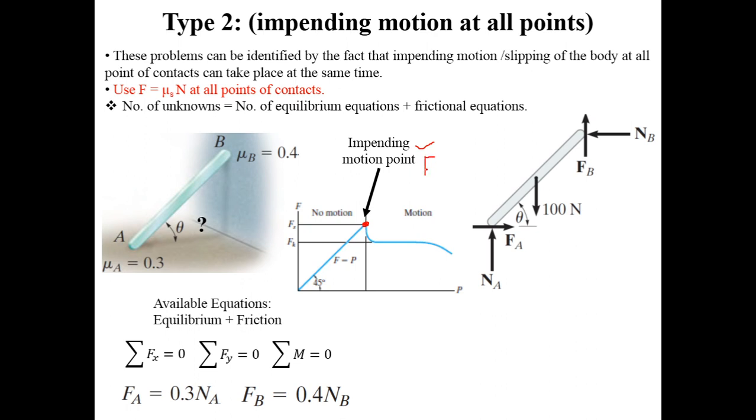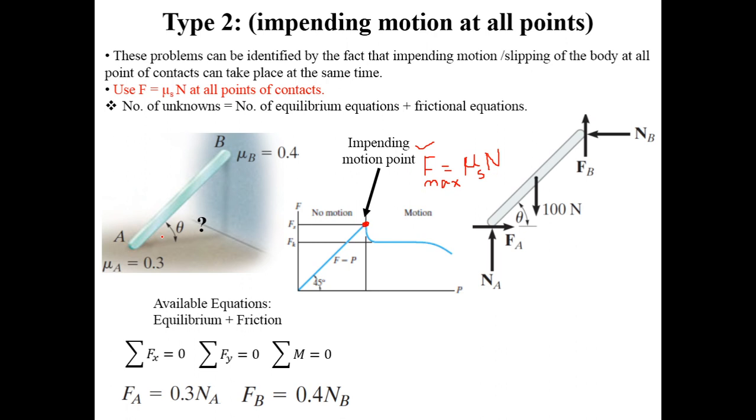The product of mu into N. So this means that in type 2 problem, the friction forces will be at their maximum value. Wherever they appear in your problem, they will be at their maximum values. And this is the maximum value of friction force, the coefficient of static friction times N, the normal reaction.